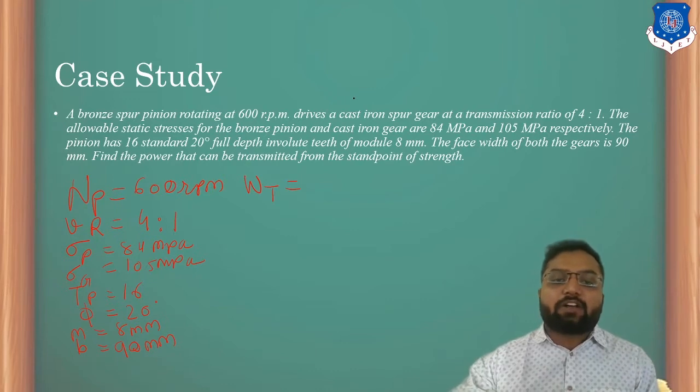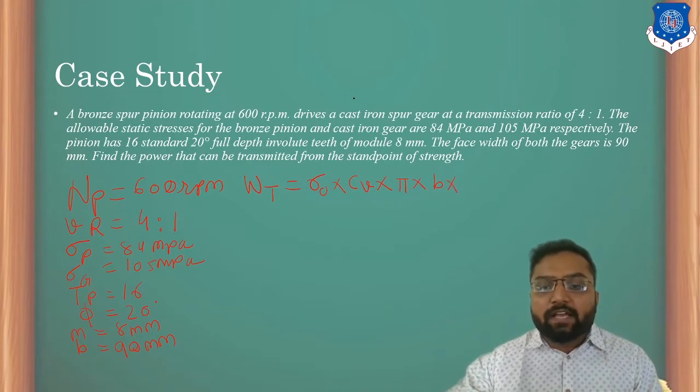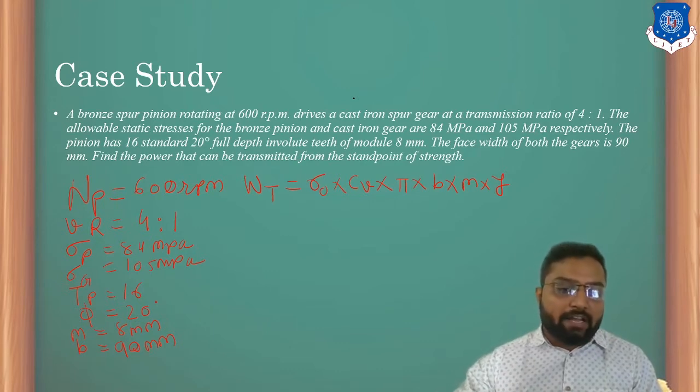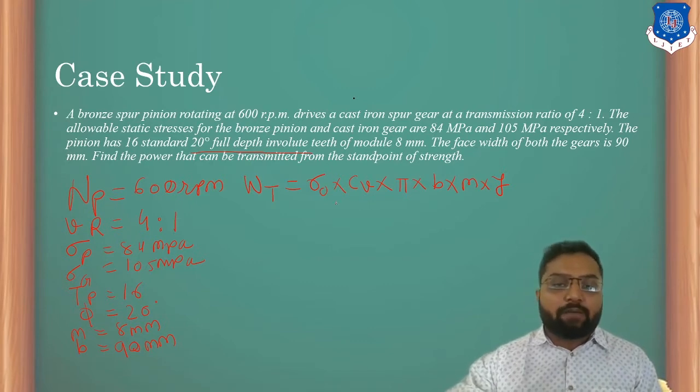In the case of spur gear, it is defined by sigma allowable, or sigma 0, into CV, which is nothing but the velocity factor, into pi, which is a constant, into b, which is face width, into module, into tooth form factor. This tooth form factor will depend on the 20-degree full depth involute tooth, so we will take it according to that.